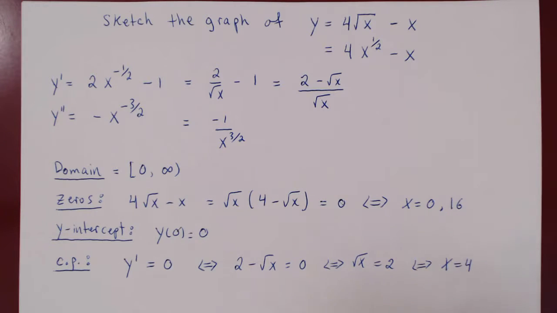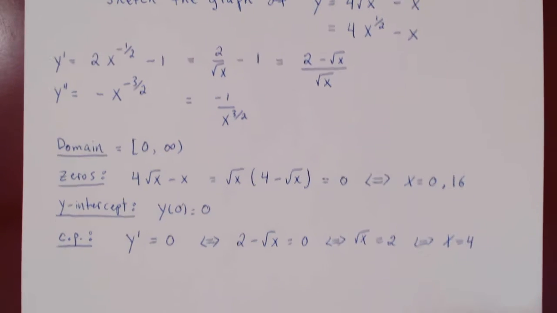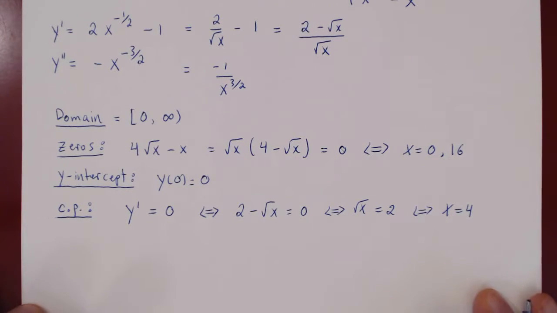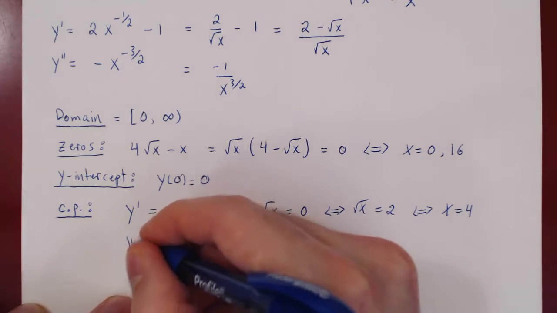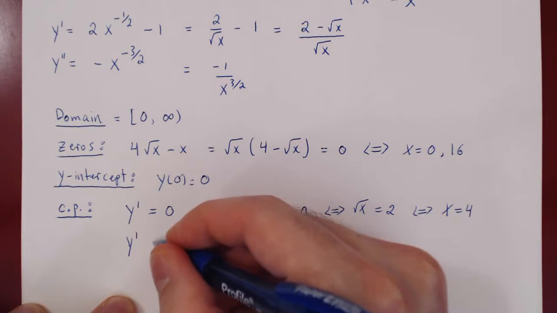So x equal to 4 is a critical point since the derivative at 4 is equal to 0. And it's a critical point of the type that the derivative is 0, therefore at x equals 4, the tangent line will be horizontal. But we have another critical point, which is different, coming from the derivative being undefined.